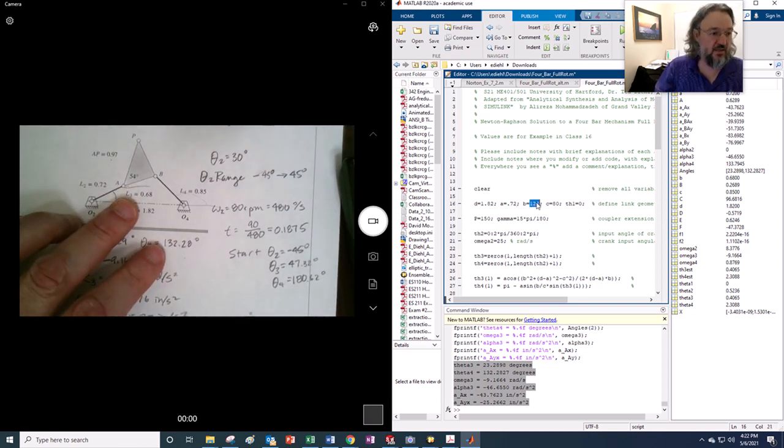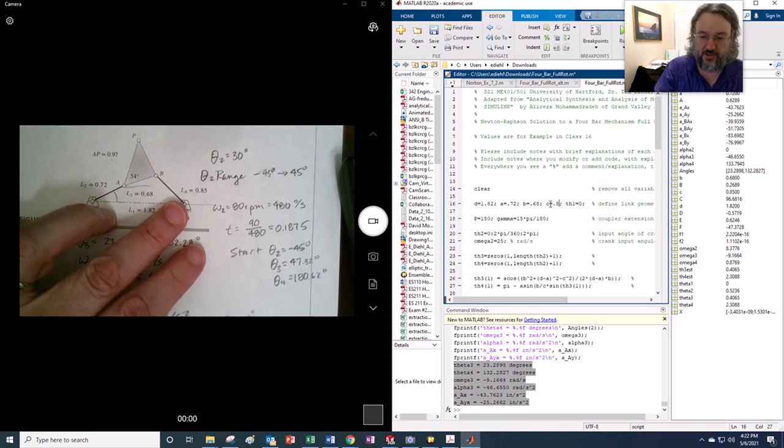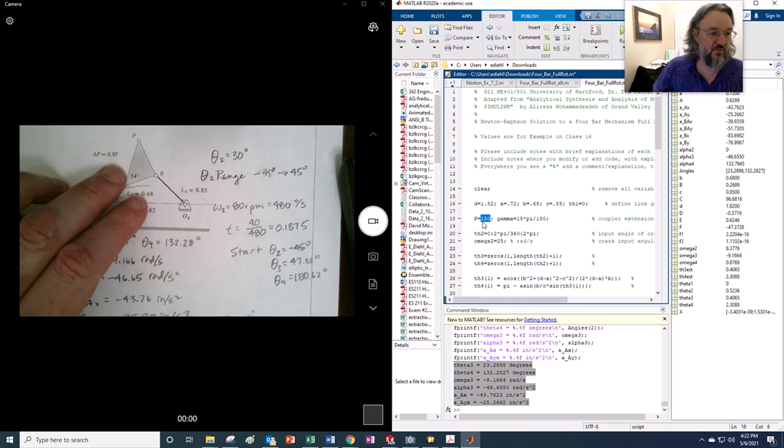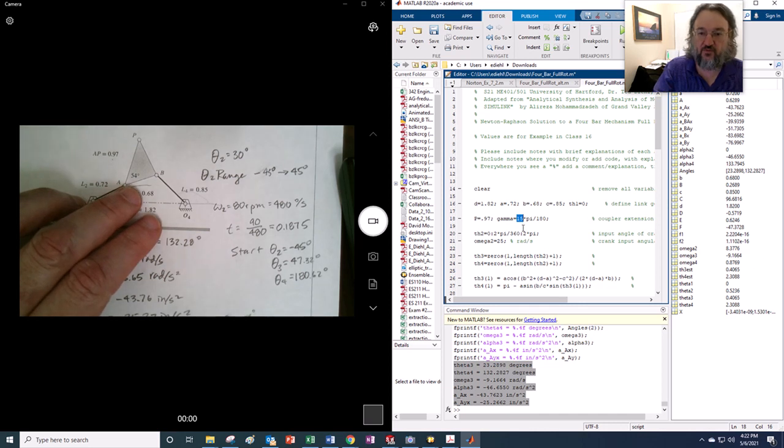B is 0.68. And C is 0.85. P is our AP 0.97, and gamma is 54 times pi divided by A.